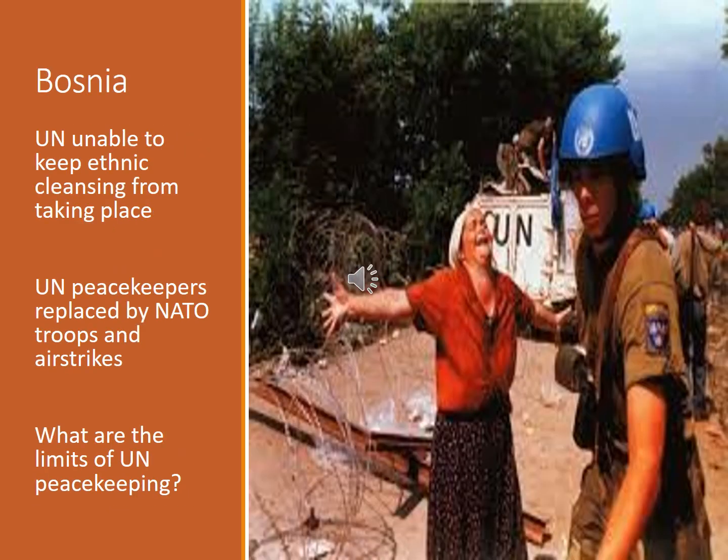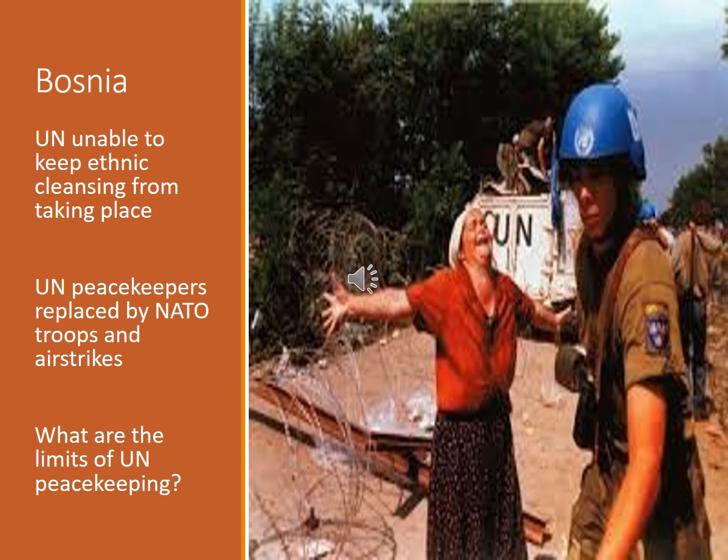In Bosnia, however, we have an example of a failure. The UN was not able to keep ethnic cleansing from taking place once they deployed to Bosnia in the early to mid-1990s. As a result, NATO had to step in and perform a more peace imposition role, which we'll talk about here in a moment, whereas the UN had to more or less retreat, suggesting that as far as the UN is concerned, there are limitations to what peacekeeping and UN-style peacekeeping can accomplish.